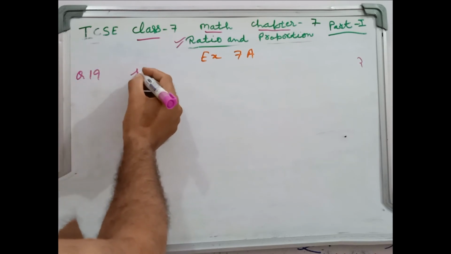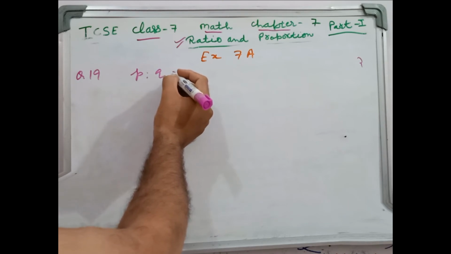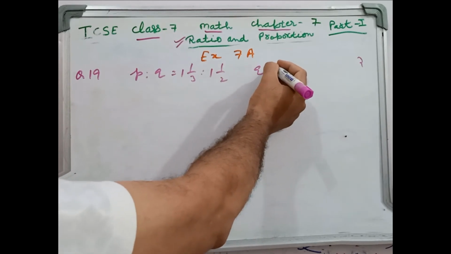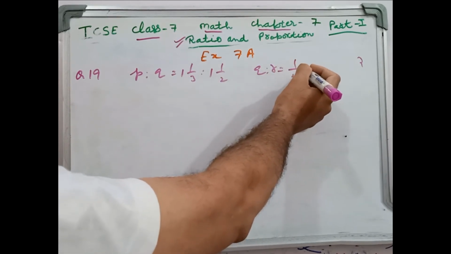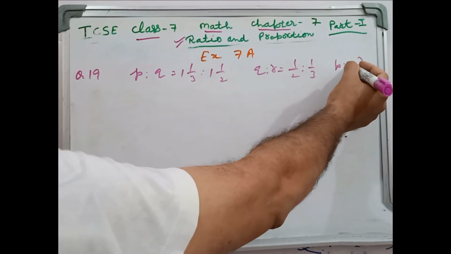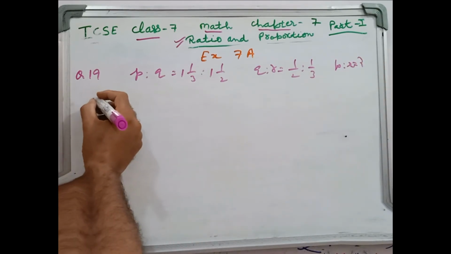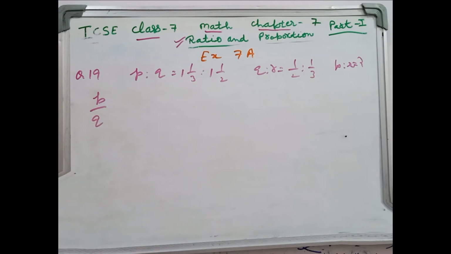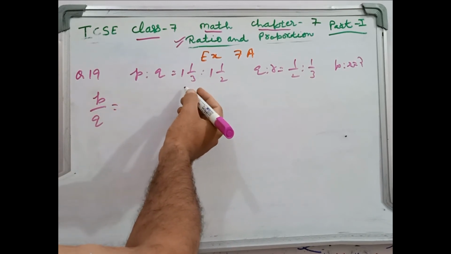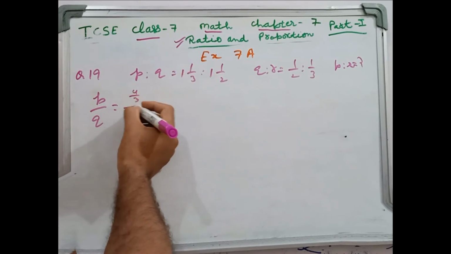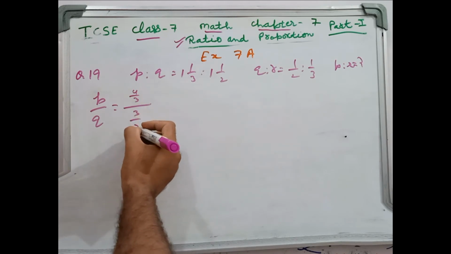He is saying if P ratio Q equal to 1 1 by 3 ratio 1 1 by 2, and Q ratio R equal to 1 by 2 ratio 1 by 3, then we have to find out P ratio R. So here we will do P upon Q, which becomes 4 by 3 upon 3 by 2.